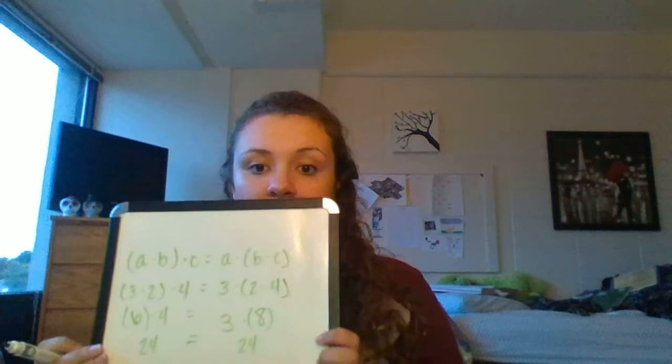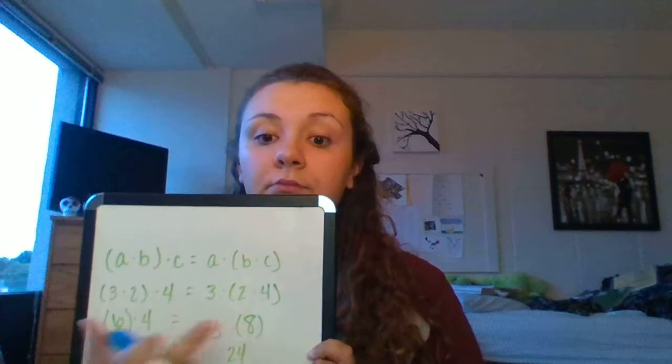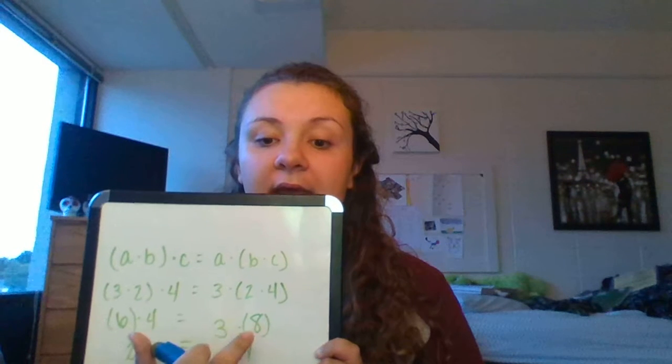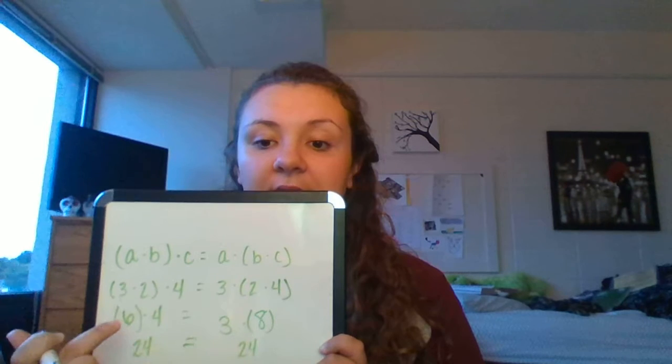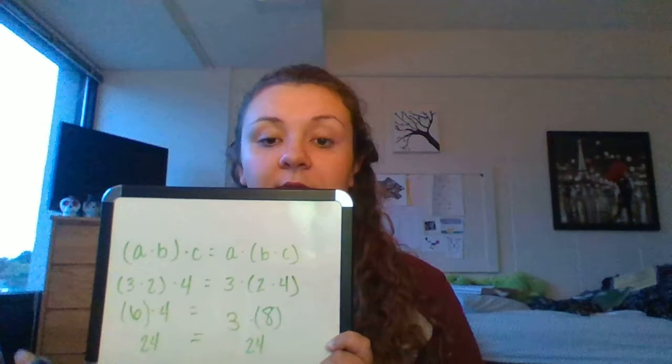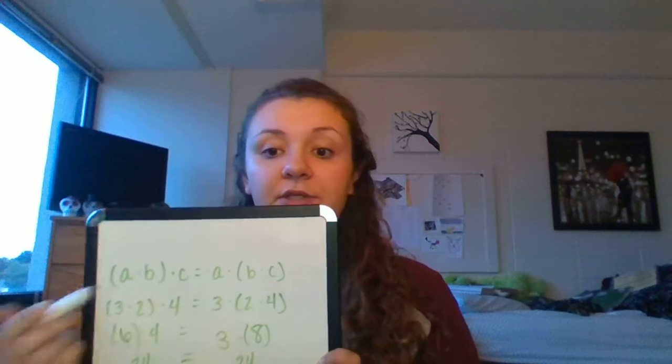So they come out to be equal. And here we did 2 times 4 is 8, and then times 3. And then here we did 3 times 2 is 6 times 4, and then you get 24 both times. So that's the associative property. You just change the grouping.